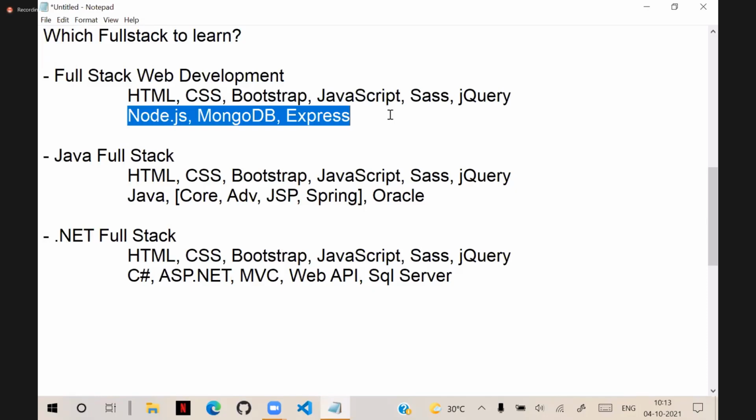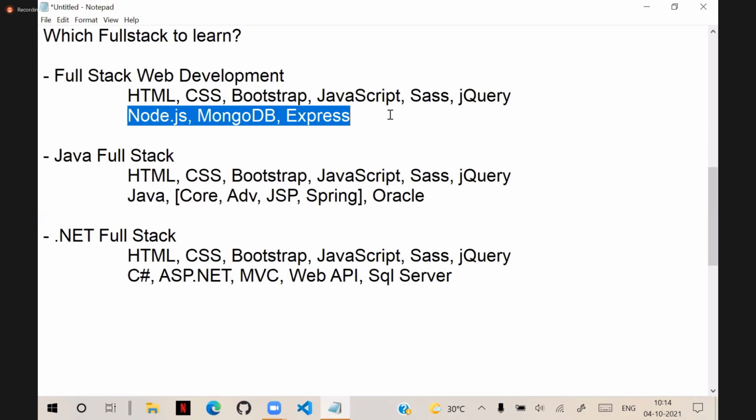I am not saying that this is great, because these are easy and fast for jobs. But people with Java full stack or .NET full stack have wider opportunities. Why? Because they can go as a Java developer or as a UI developer. They have 2 chances.